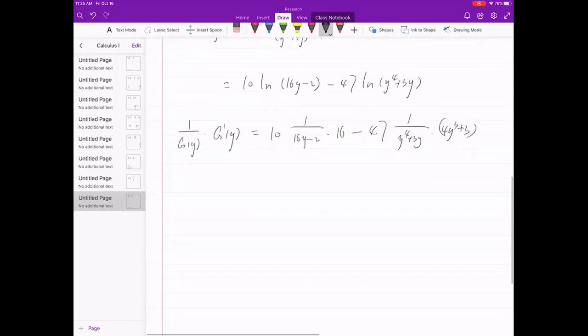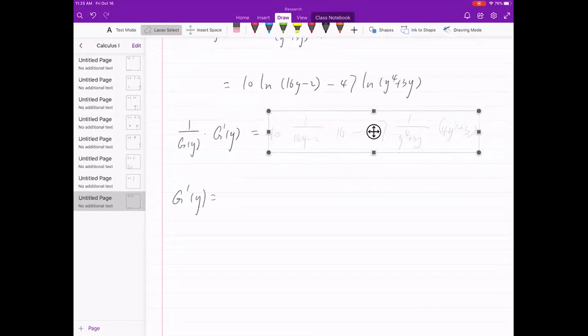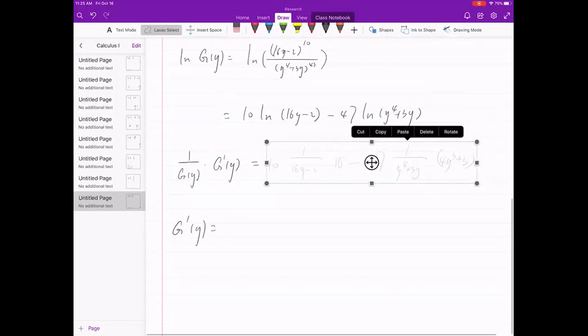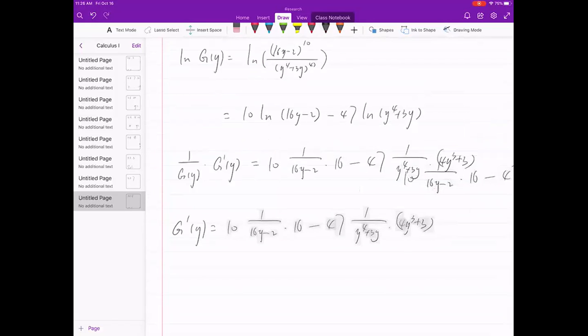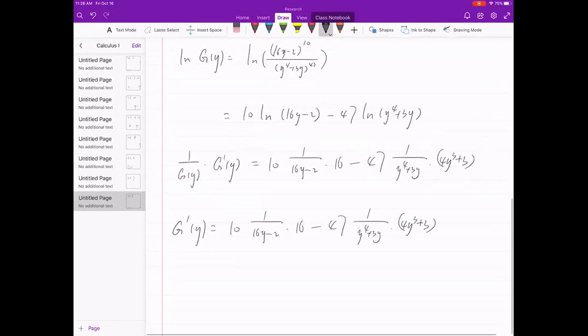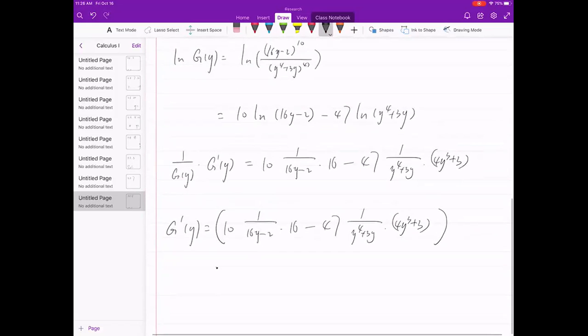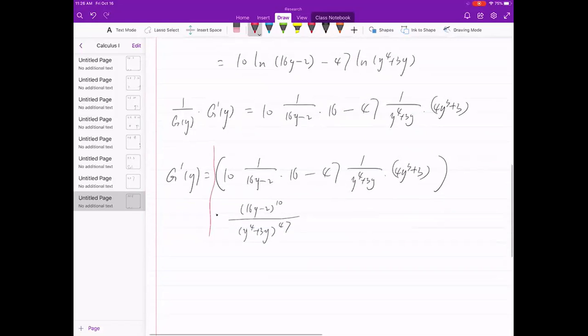Okay, then g prime of y, whatever we have here, parentheses, times g(y), which is that. So that will be your answer.